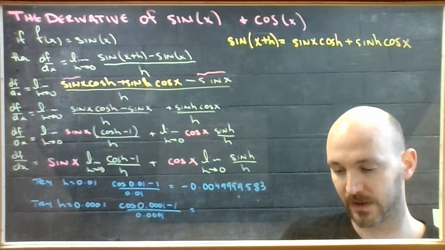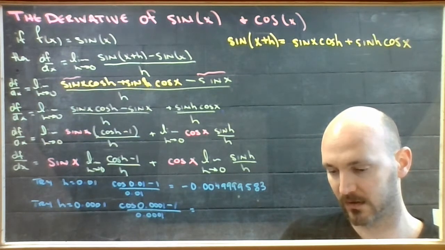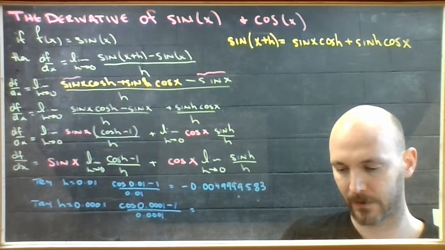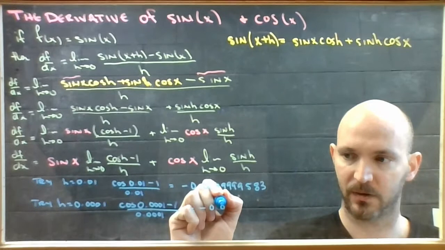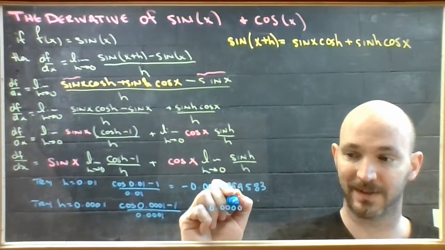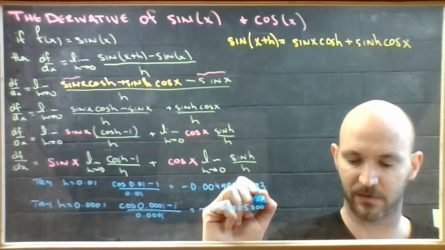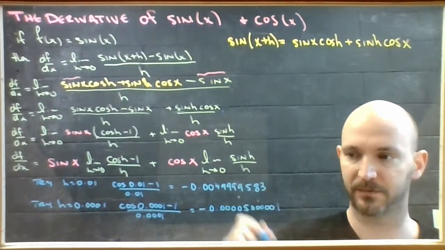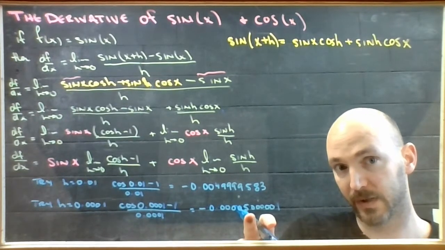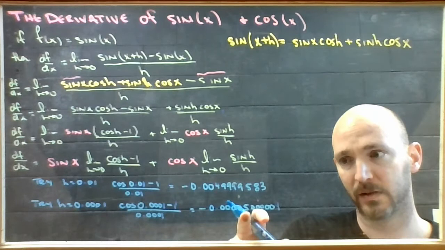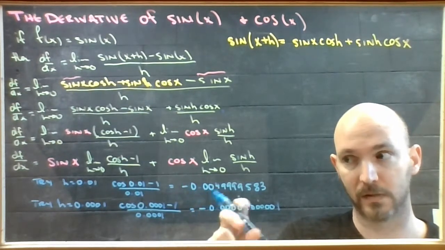Minus 1 is something on the order of 10 to the negative 9, divided by 0.0001 gives me negative 0.00005000001. That's getting real small, almost gone. It looks to me like these numbers are creeping up on 0 from below.